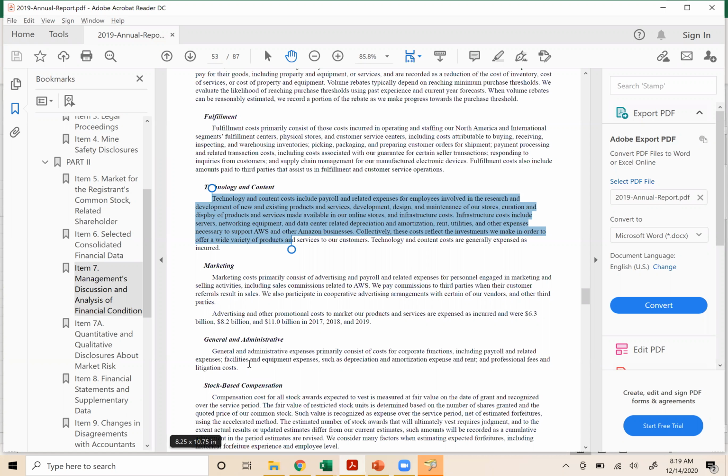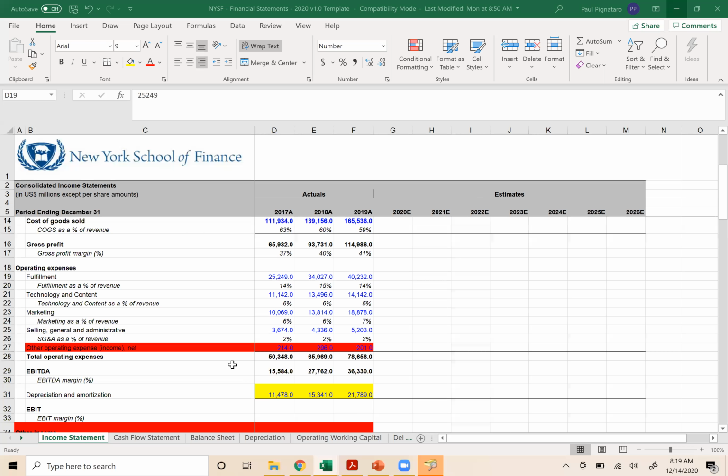They talk about it. Now, the tricky part within general and administrative is if you look at their general and administrative of 3 million, our depreciation of 11 million, depreciation is much bigger than 3 million, right? So hold that thought.